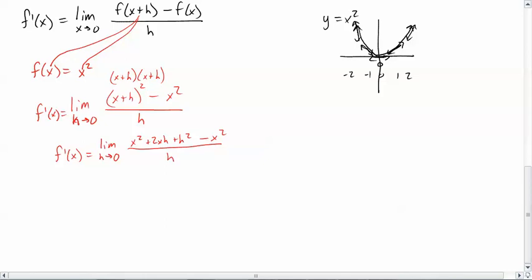Now you'll notice that the x squared and minus x squared go away, which will leave us with the limit as h approaches 0 of 2xh plus h squared over h. This can be factored, so limit as h approaches 0 of h times 2x plus h over h.